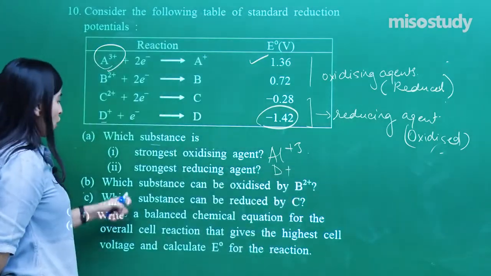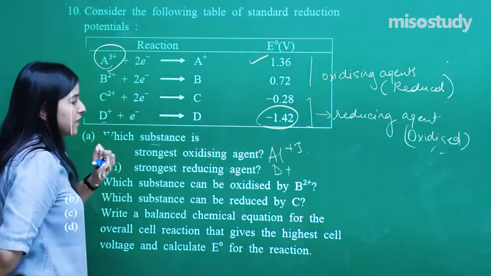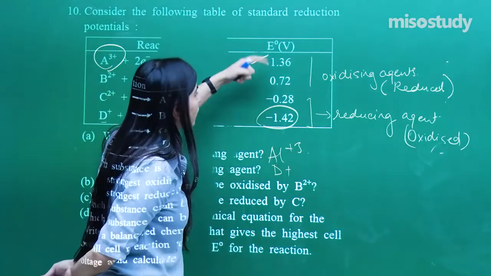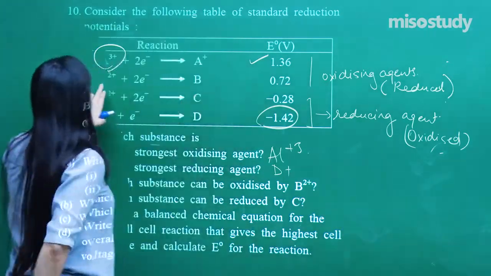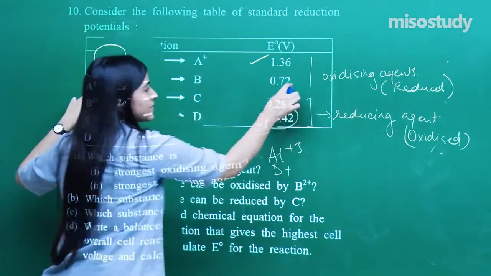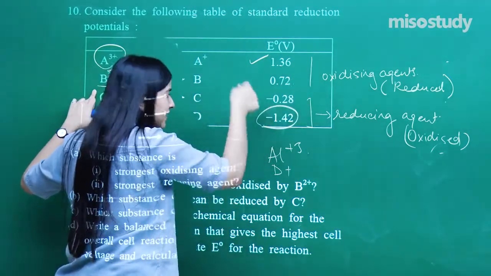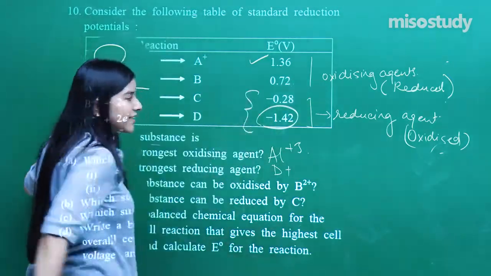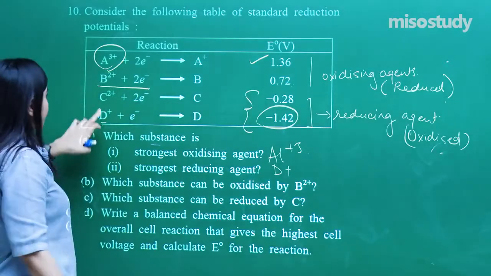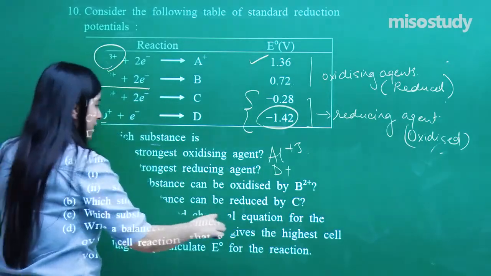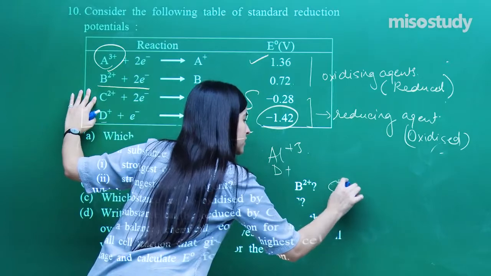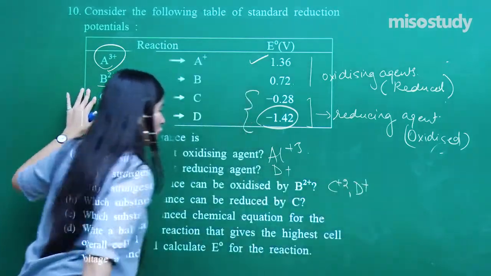Done. Which substance can be oxidized by B+2? Now, which is a better oxidizing agent? B+2 they are asking. This is a very good oxidizing agent. It can oxidize these two, right? Are you getting it? Okay, so C+2 and D+ can be oxidized.